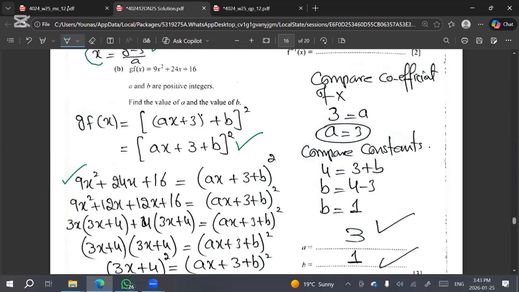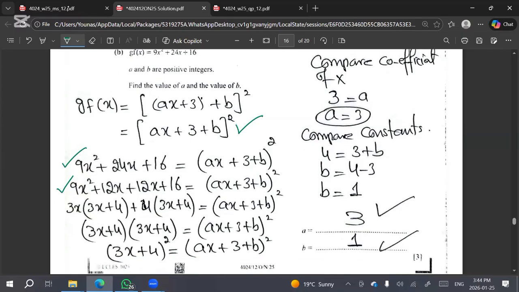This can be written as 9x squared plus 12x plus 12x plus 16. I'm doing the middle term breaking. You can take 3x common from the first two terms, so 3x bracket 3x plus 4. From the last two terms, I can take 4 common, so 4 bracket 3x plus 4. 3x plus 4 is common, and in the other bracket also we will have 3x plus 4. So this can be written as (3x plus 4) whole square is equal to (ax plus 3 plus b) whole square.